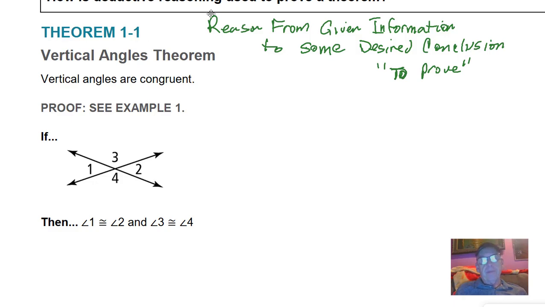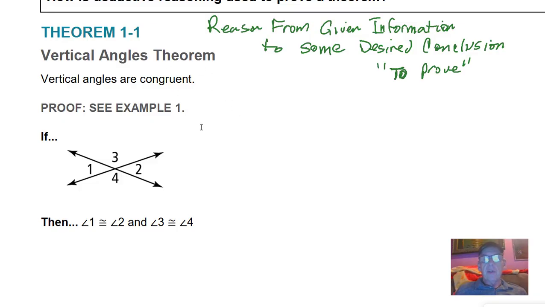The next theorem in chapter 1, coming up soon, would be theorem 1-2. Then we'd have theorem 1-3. As we move into chapter 2, the first theorem is going to be theorem 2-1. The second theorem would be theorem 2-2.